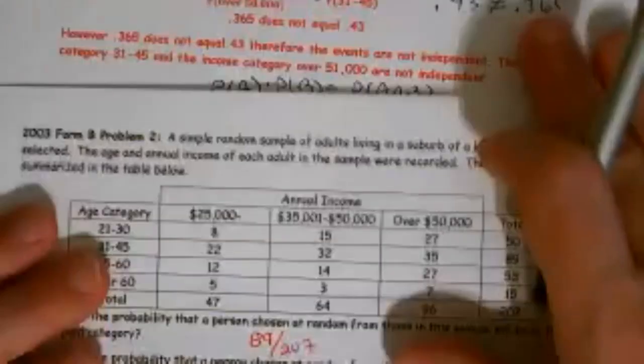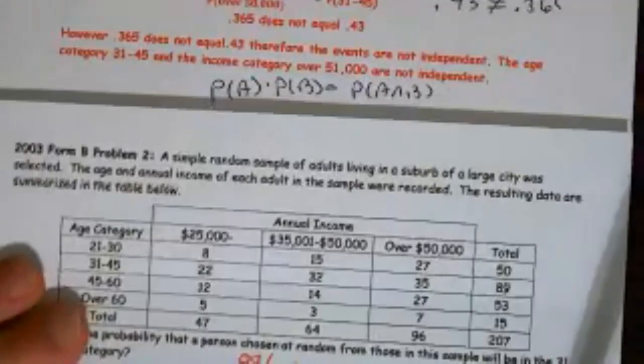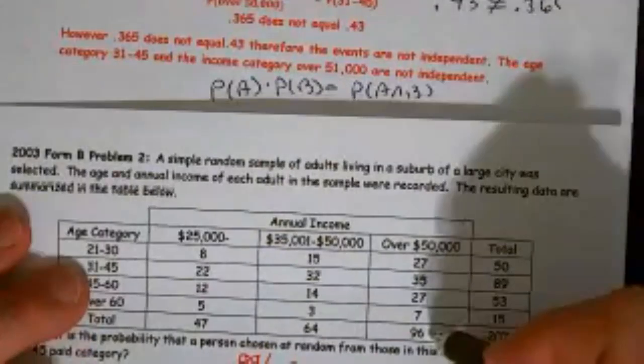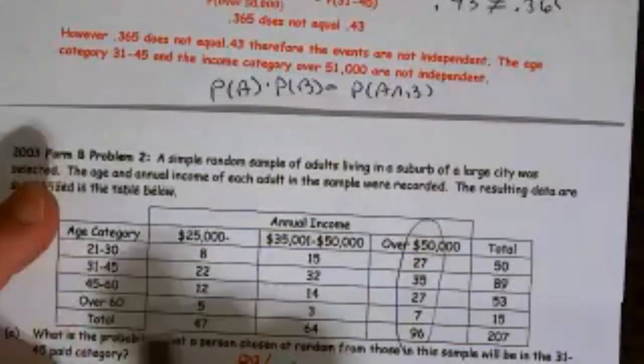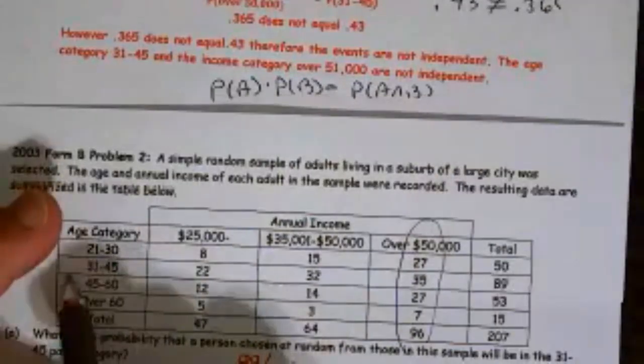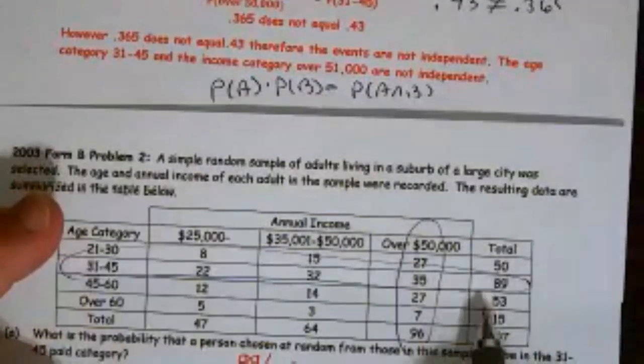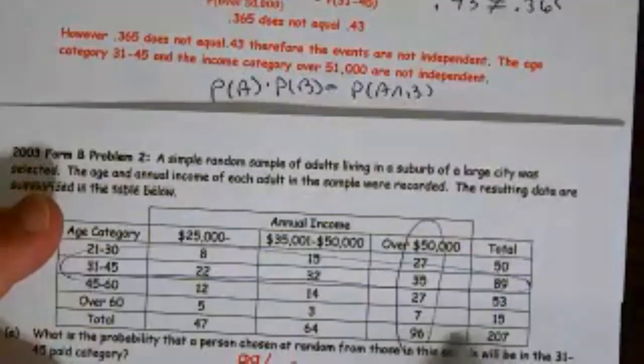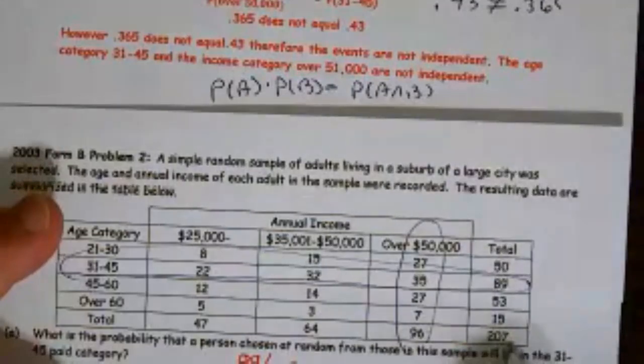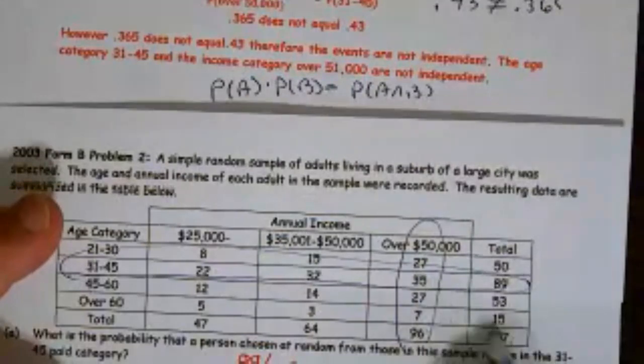All we care about is over 50, and we care about the 31 to 45 category. So 96 over 207 times 89 over 207 needs to equal 35 over 207.